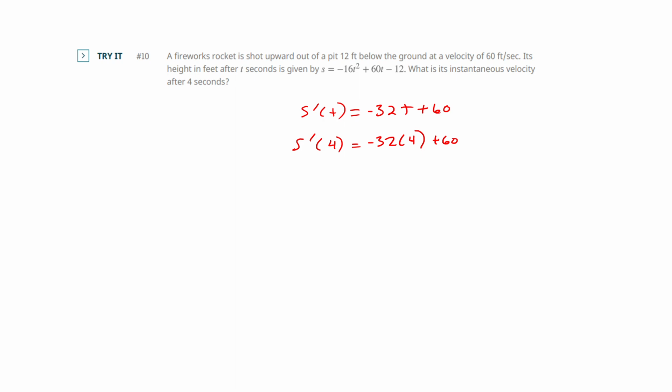So I'm going to use my calculator. I've got 60 minus 128. All right, so I get an instantaneous velocity of negative 68. So this is feet per second, downward because of the negative.